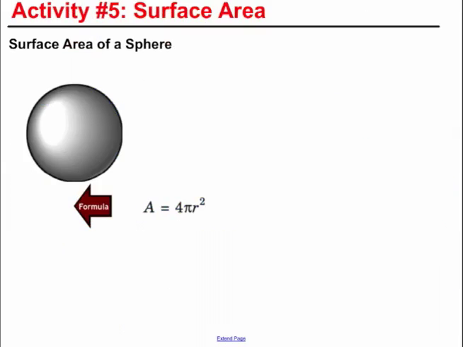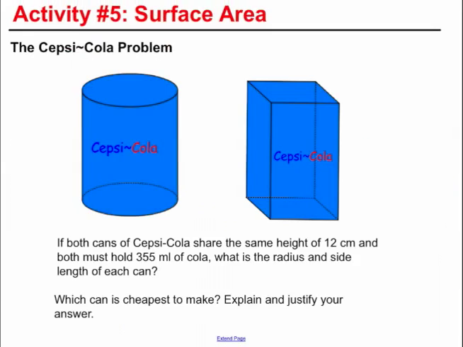Okay, so now we're moving on to the final problem. This is for you to discuss and to try to solve. So this is like a consolidate, or prior to the consolidate. So if both cans share the same height, we're just going to list it. This is the beginning problem. This height and that height are the same. So the can, the prism and the cylinder have the same height, 12 centimeters.